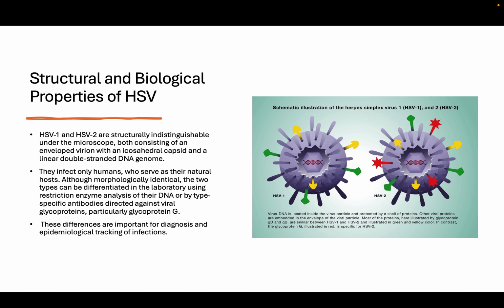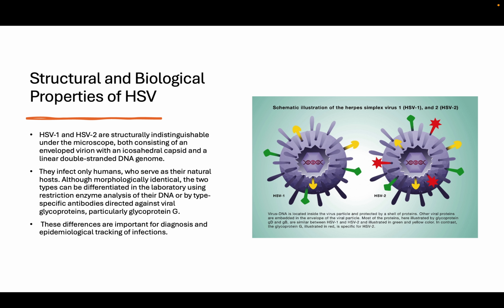As I said again, structurally you cannot really distinguish HSV1 and 2 under a microscope. They're very similar: both have an icosahedral capsid, an enveloped virion, and linear double-stranded DNA. The difference is mostly in their G protein, the protein that binds to the host receptor, and there are small differences in the amino acids there.